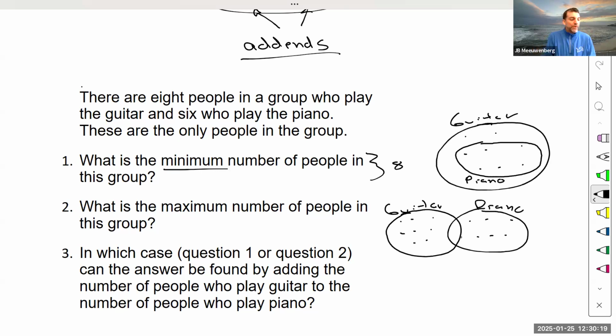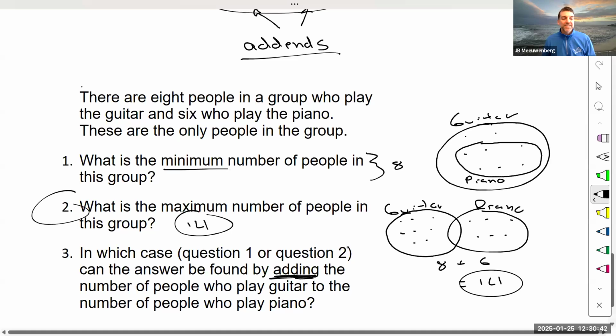So in this case, we would have to add the 8 plus the 6 to get 14. So in this case, the maximum number of people would be 14. So in which case can the answer be found by adding the number of people who play the guitar to the number of people who play the piano? It's this second one, right? It's when we're trying to find that maximum.